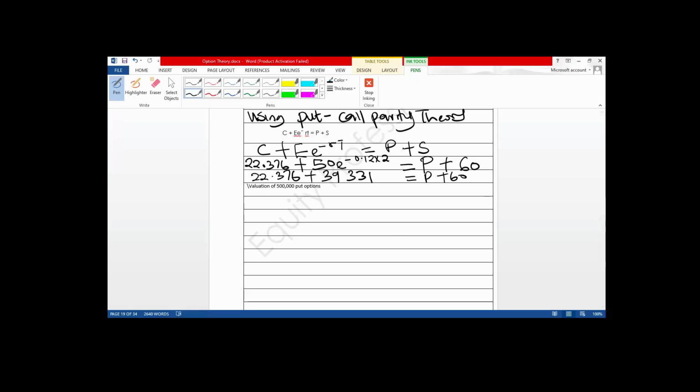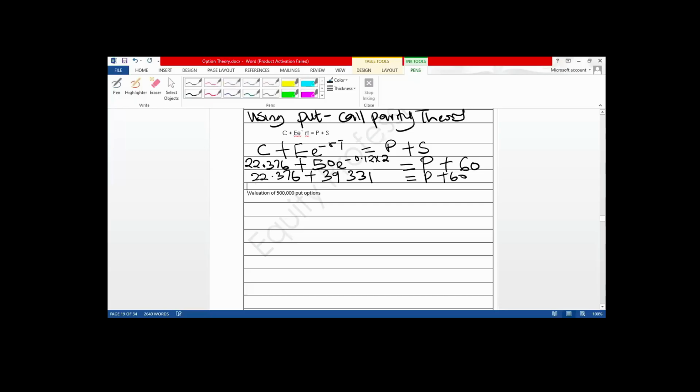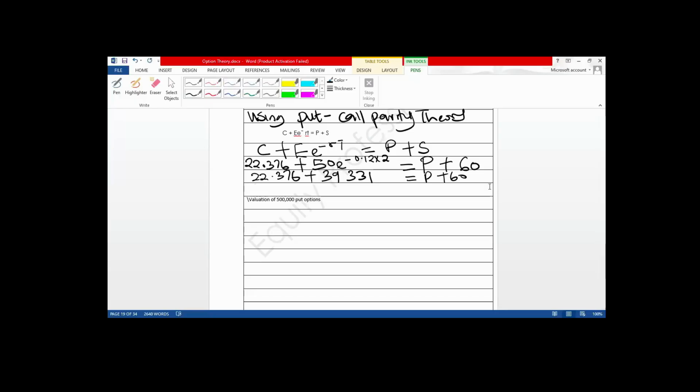Let's expand this again. This will give you summation 61.707 is equal to P plus 60. What is P? Collect like terms.